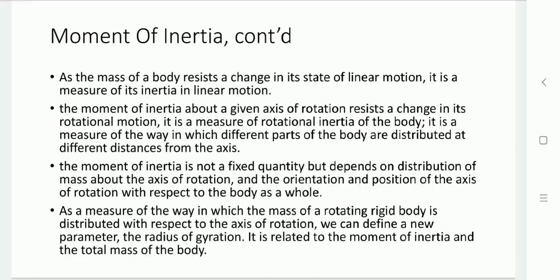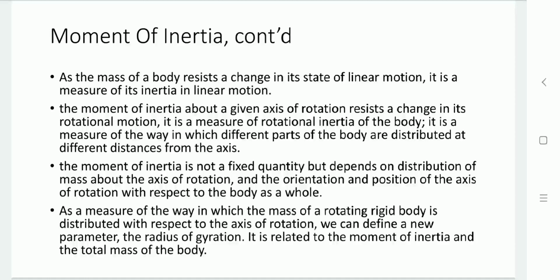So moment of inertia about an axis of rotation resists the change in rotational motion. It is a measure of the way different parts of a body are distributed at different distances from the axis. It is a fixed quantity and depends on the distribution of mass, its orientation and the position of the axis with respect to the body.